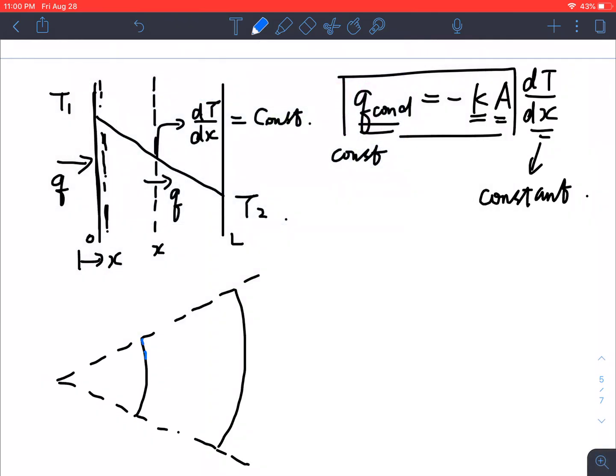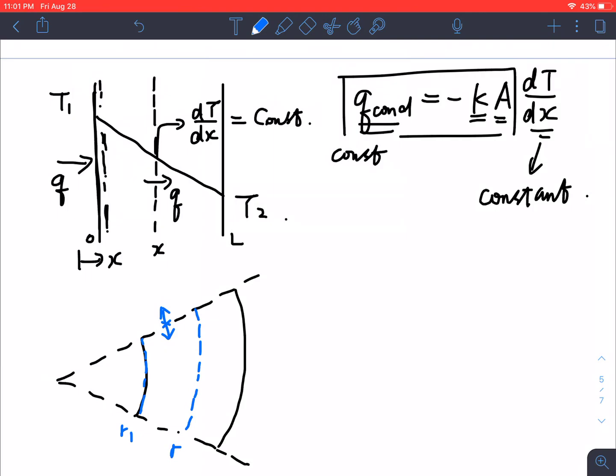If I draw the control volume now from this R1 surface to an arbitrary surface, we just call it R, between R1 and R2. Again, due to the symmetry, there's no heat transfer through this surface, right?